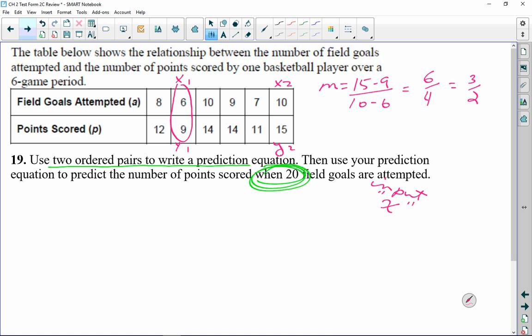Which one would you think would probably be the best to use? Yeah, I've already labeled it, haven't I? So I've already labeled it, x of 1 and y of 1, so I'm going to use 6 and 9. Y minus what? 9. And then my slope is 3/2. X minus what?